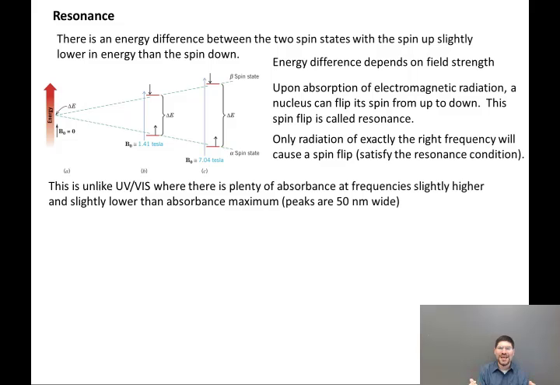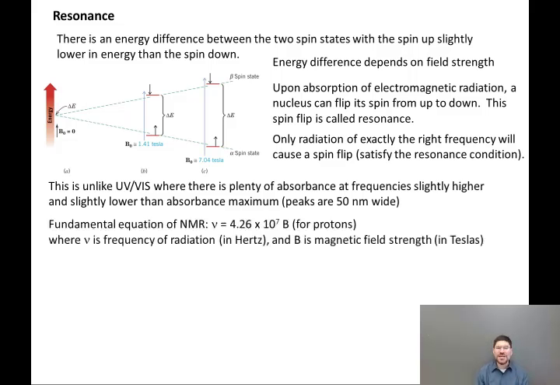A typical peak in a UV vis spectrum is 50 nanometers wide or something like that. With NMR, you've got to be right on. That gives rise to much narrower peaks. But you need the peaks to be that narrow to get the chemical information that you need out of the experiment.